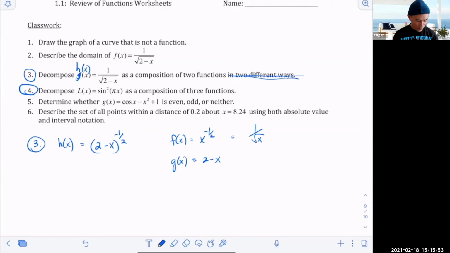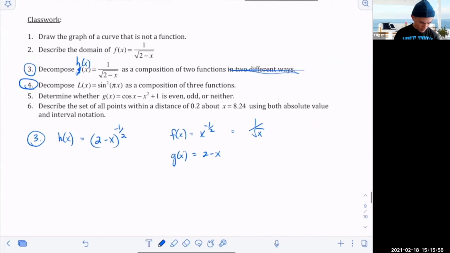Okay. Let's look at the fourth one. If you read this question carefully, it says, write this as a composition of 3 functions.